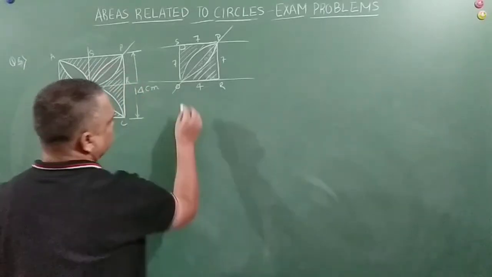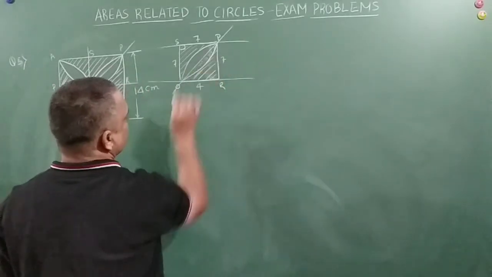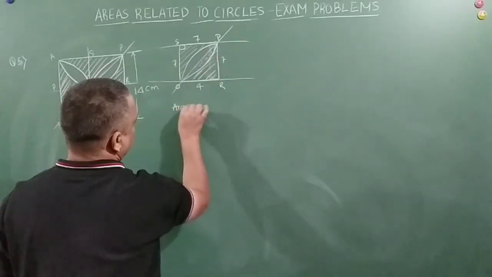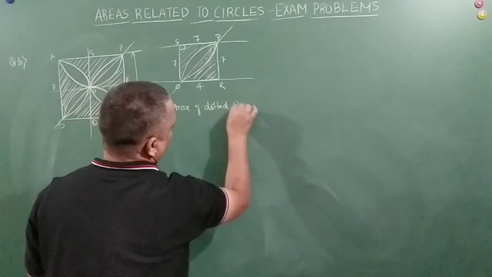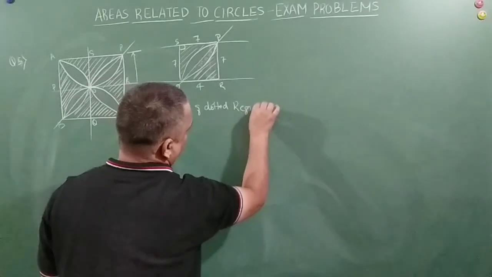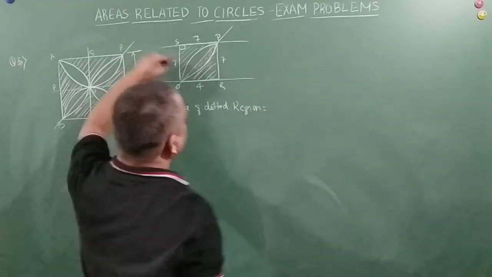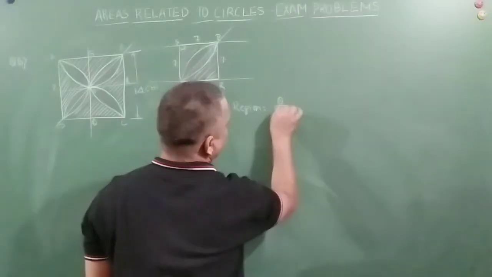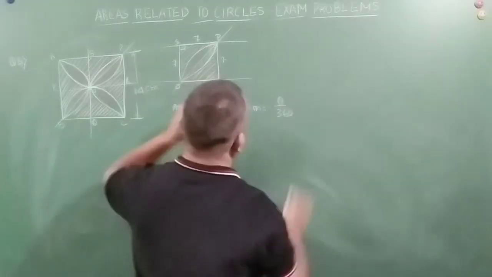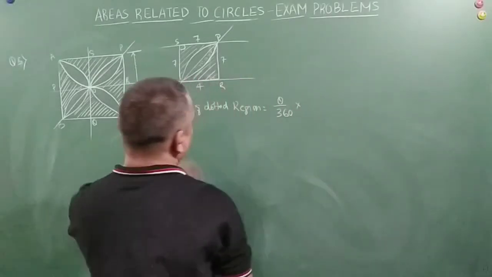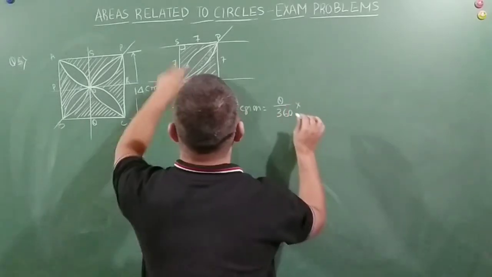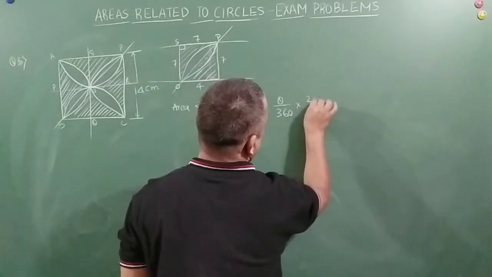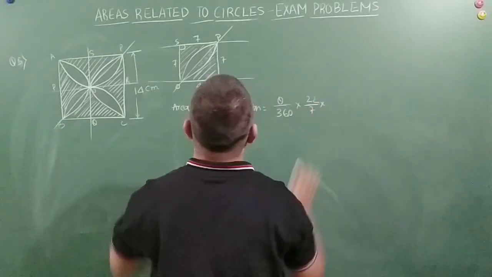So the area of this dotted region will be the area of the sector, that is theta by 360. It is a quadrant, okay? We can write 1 by 4 also, no problem, both are the same. Theta by 360 into pi r square, that is 22 by 7 into r square.